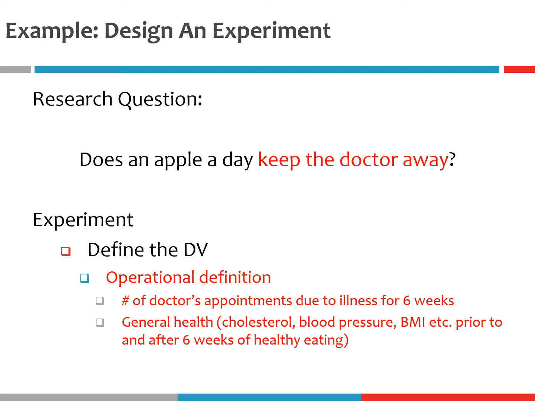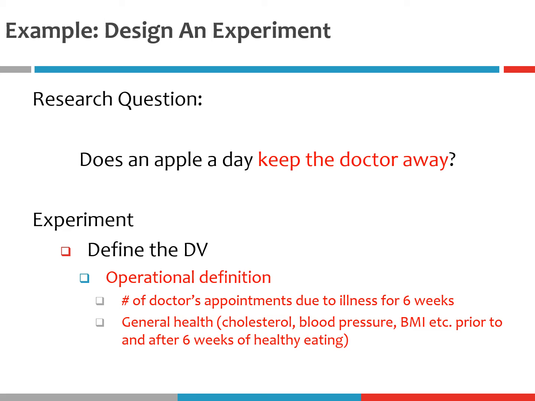Okay, so now we are ready for our operational definition, right? So again, we want as much specificity as possible here. So it's a little bit easier with the literal definition if we're looking at number of doctor's appointments over the course of 6 weeks.